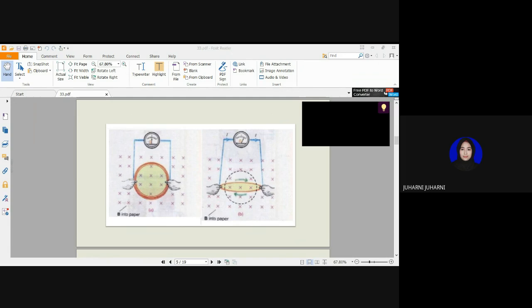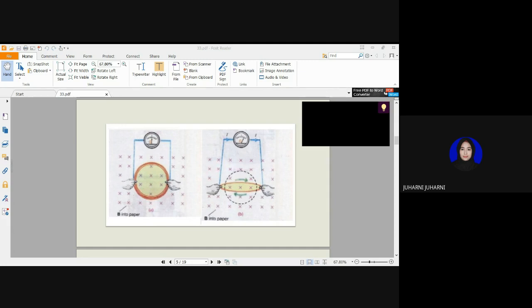Now we can see another experiment in which we will see how flux variation in the first coil induces a voltage in the second coil. In the given figure, you can see that there are two coils.